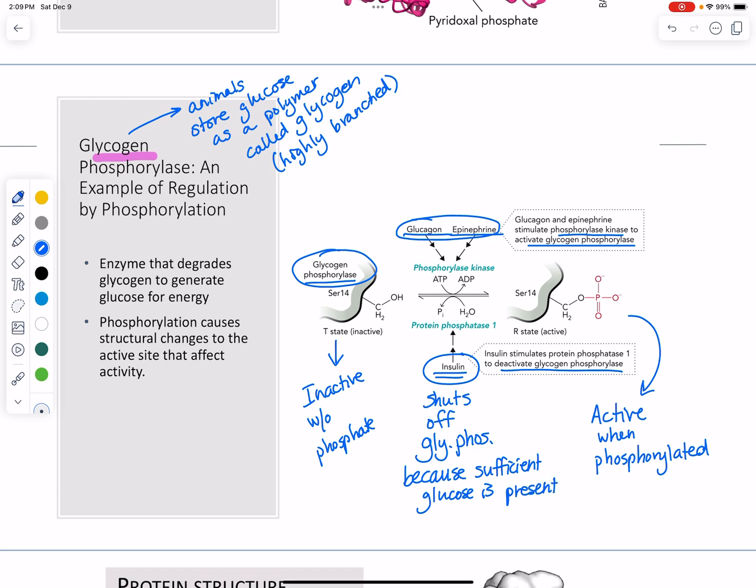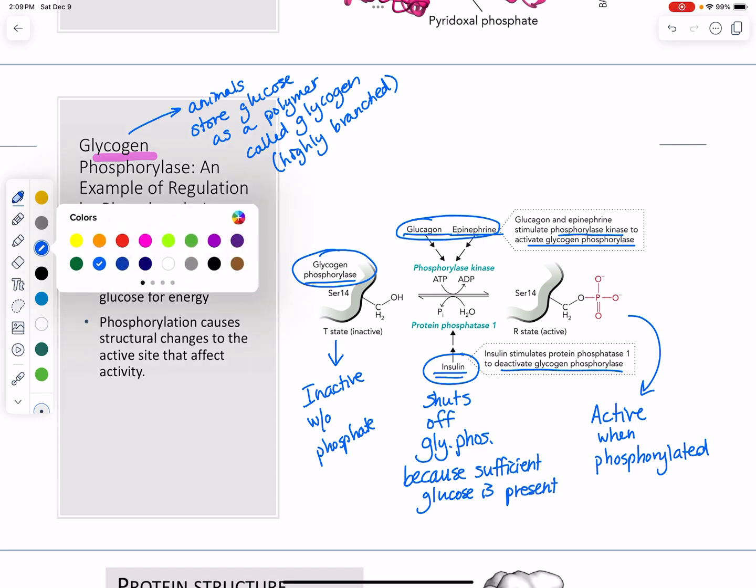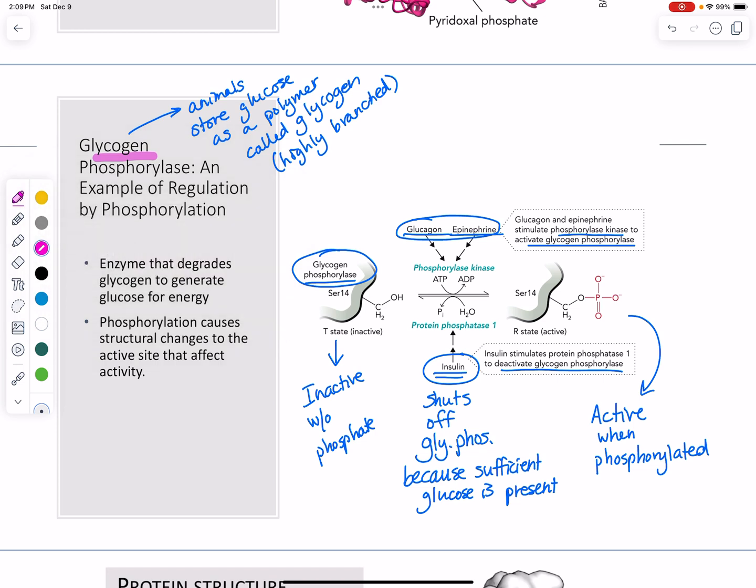But let's say you've been fasting and then you go try to do some exercise, your body is going to need glucose to make ATP. So that's when glucagon and epinephrine are going to come in.